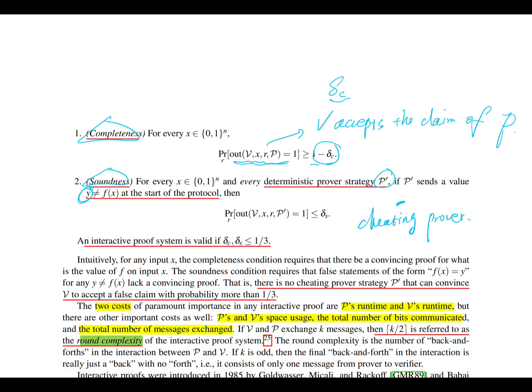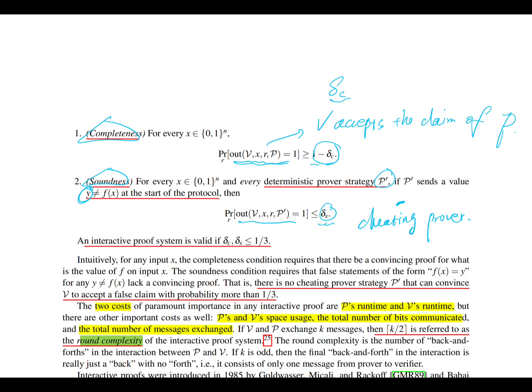So let's look at this probability, which is the soundness. Soundness is the probability that the verifier accepts this wrong proof. The probability should be very low, less than this value.